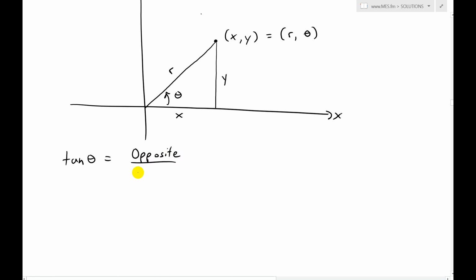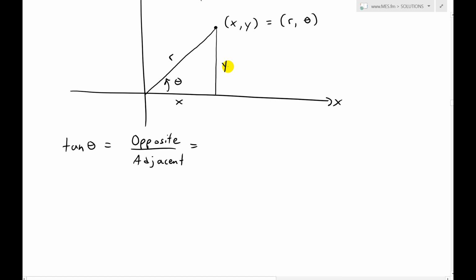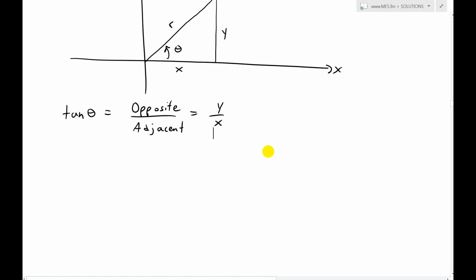So the inverse of this is basically we would switch these variables around. So theta is going to be equal to inverse tan of y over x.